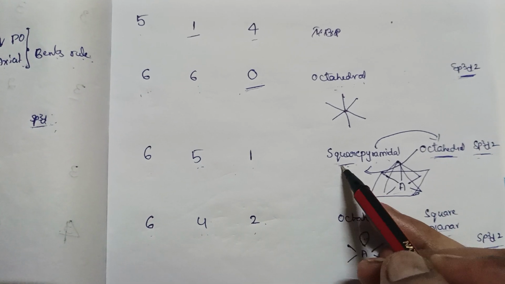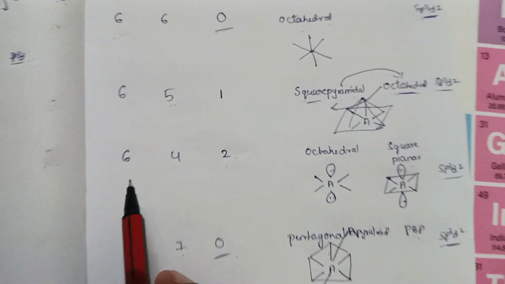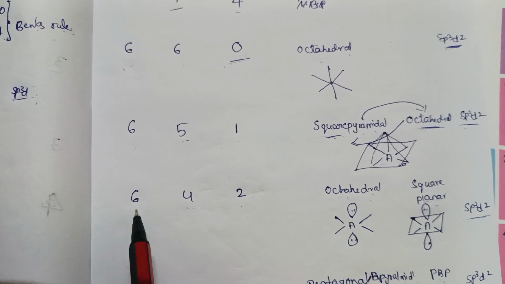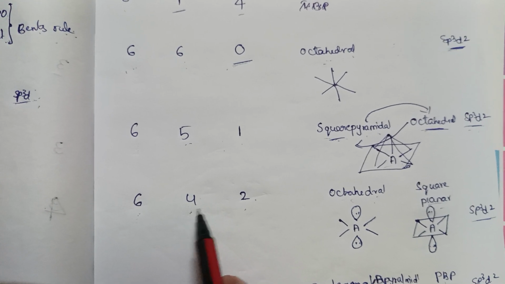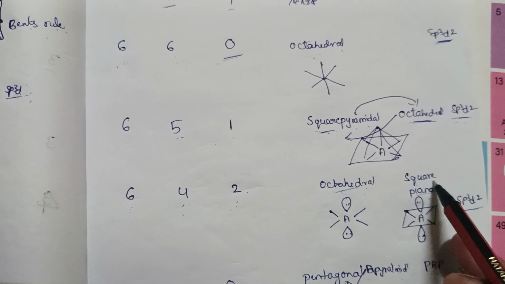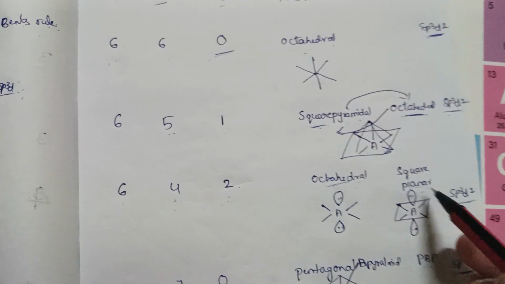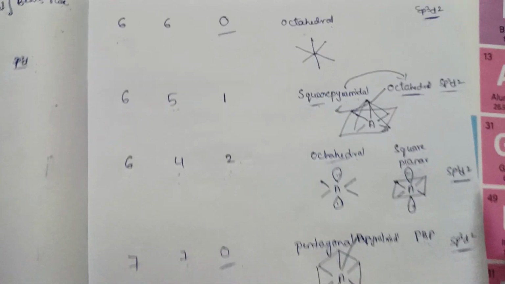The shape is square pyramidal. The hybridization is sp3d2. And if the molecule has Z equals 6, with 4 bond pairs and 2 lone pairs present in the molecule, the geometry is octahedral. The shape is square planar. The hybridization is sp3d2.